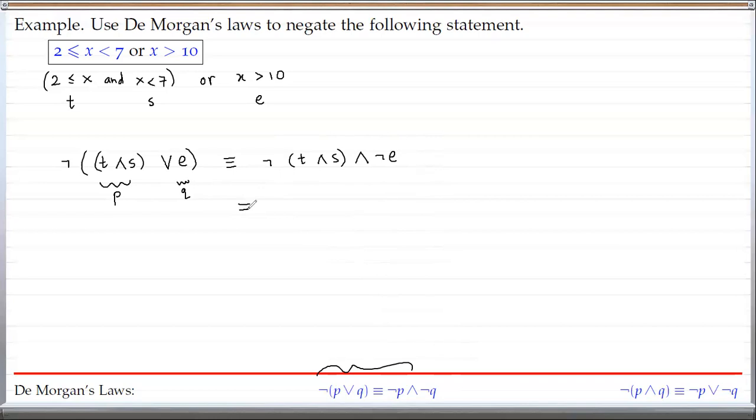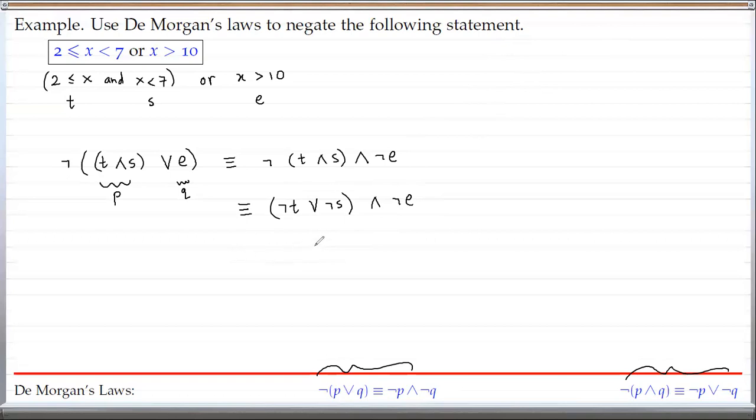Now we need to go one step further, applying De Morgan's law to the first part. We have not (T and S). This time we apply this law. So this will become not T or not S, and not E. So we have this.